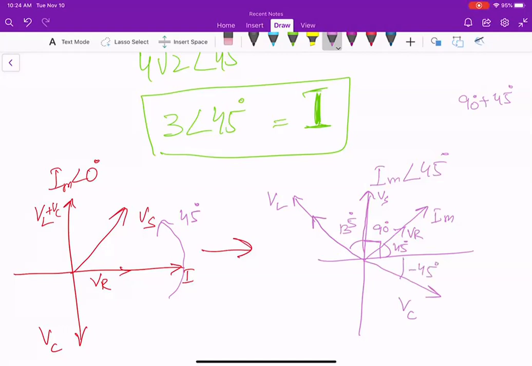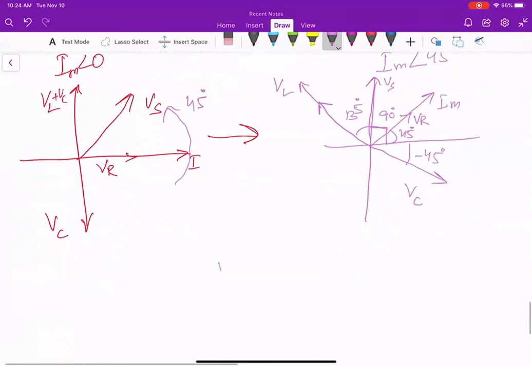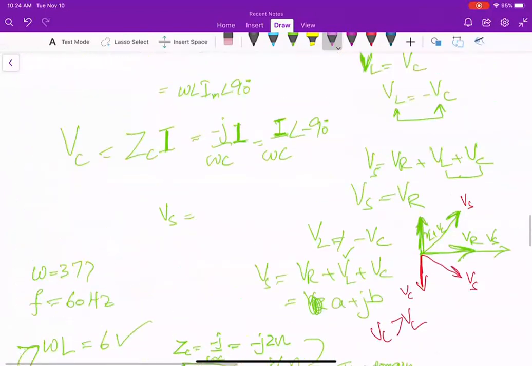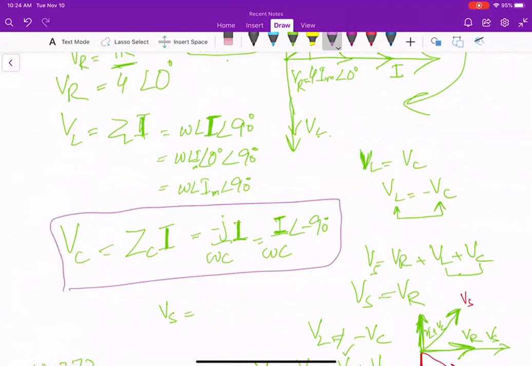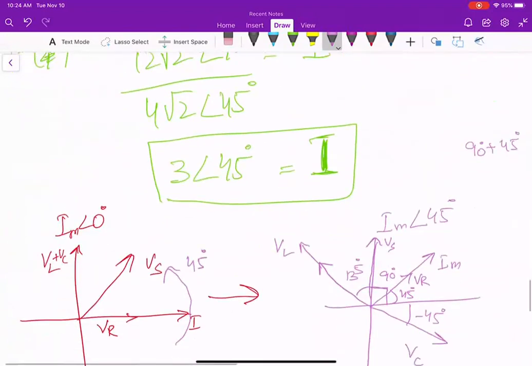So how will you determine that these angles are correct? You know your VC is minus j over omega C times I, right? Sounds good? Where is VC? Yes, this is your VC. So let's check the angle.